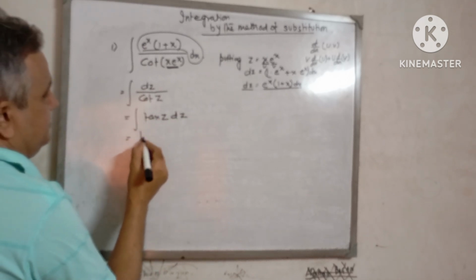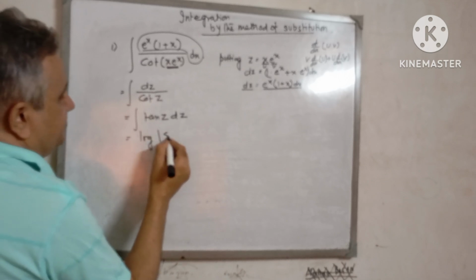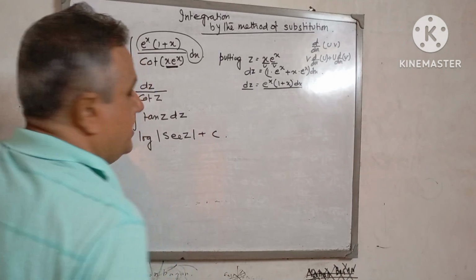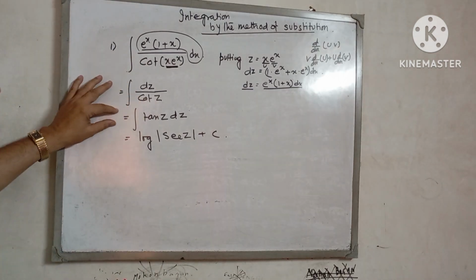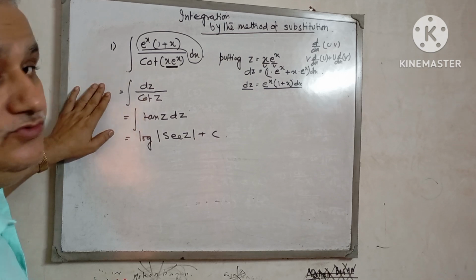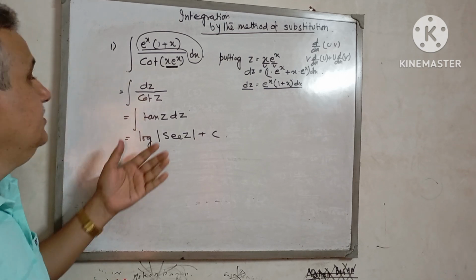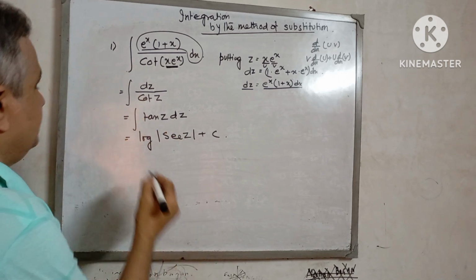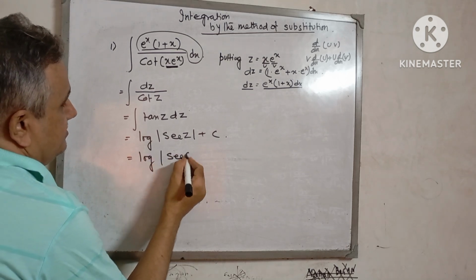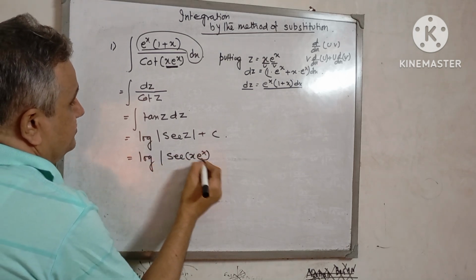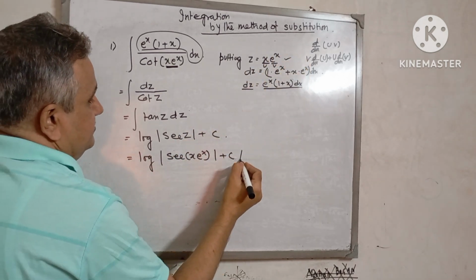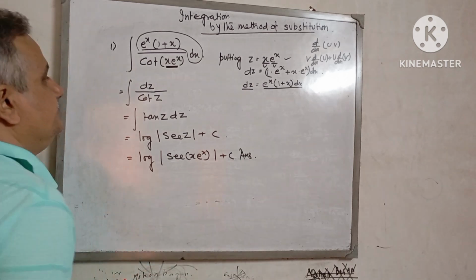Integration of tan z is log of sec z plus the integration constant. This becomes the standard form, tan z dz. Now putting the value of z, it is log of sec (x e to the power x) plus c. This is your answer.